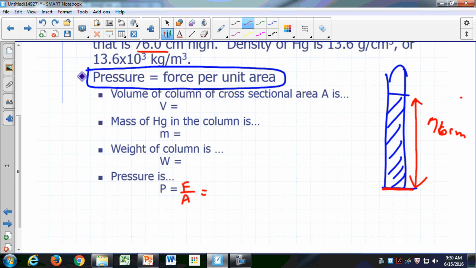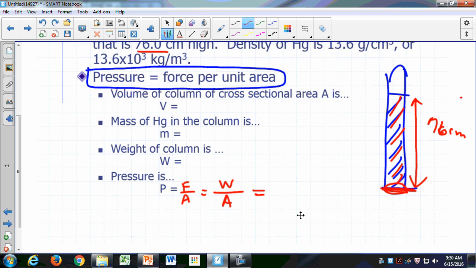The force you would feel over here would be the weight of the mercury above you divided by the cross-sectional area of the column. It can be a cylindrical column or a square column. It's usually cylindrical, but it doesn't matter.